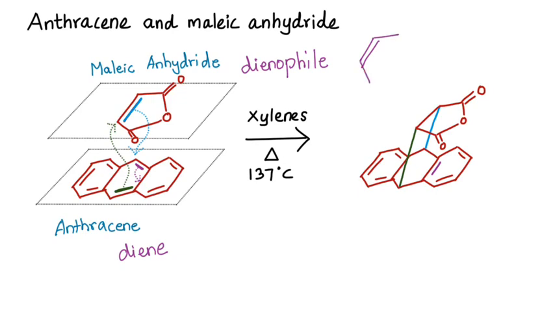If you put two electron withdrawing groups next to the dienophile, it pulls the electron density away from the dienophile and makes it more reactive. So the two C double bond O's next to this alkene make the compound more reactive towards the Diels Alder reaction.